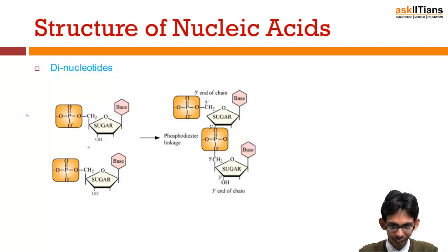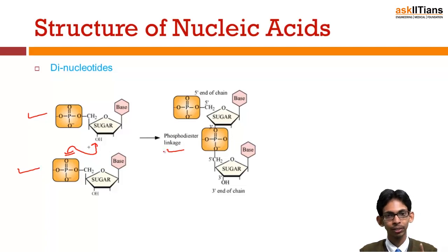So let's say this is a nucleotide with a sugar, a base, and a phosphate group. Similarly, this is another one, and these two combine together through a linkage, which is a bond between this phosphate group and this OH group. This is called phosphodiester linkage. So far in this chapter we have studied three linkages. First was glycosidic linkage in case of carbohydrates.